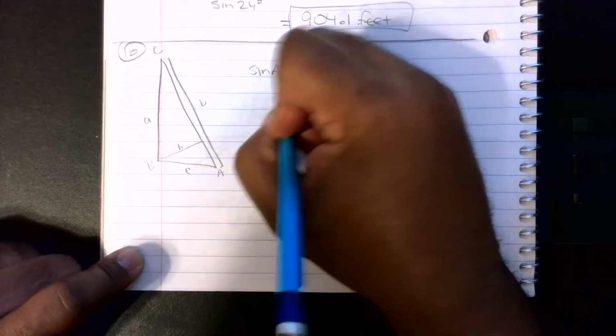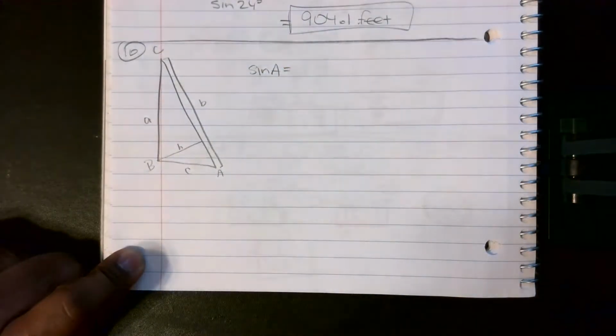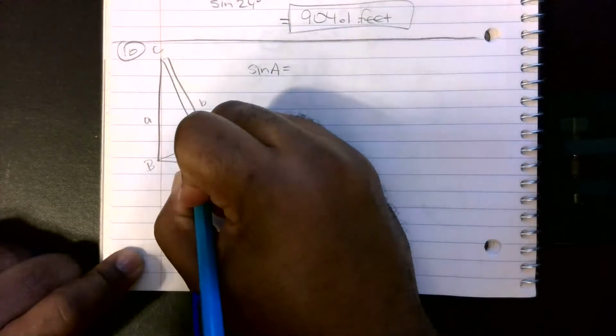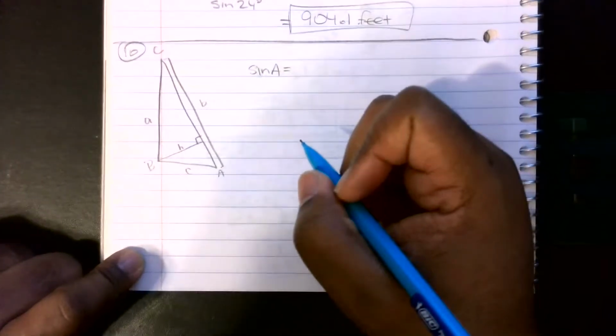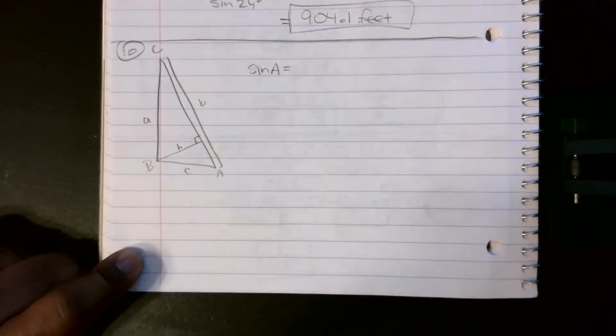Sine of big A is equal to what? All right. When you're using these triangles, you want to make sure that you're using the appropriate triangle. Oh, by the way, that's a right angle. That's important. Okay. So it means that it is split into three different triangles.